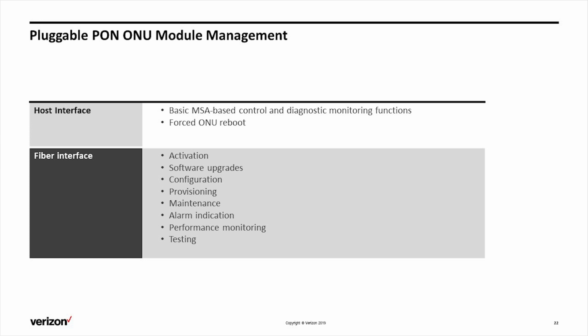And then from the OLT side, this thing's got to look exactly like an ONT. You've got to be able to activate it, range it, configure and provision it, do maintenance on it, check alarms, and do anything else that you might need to do to a normal ONT.